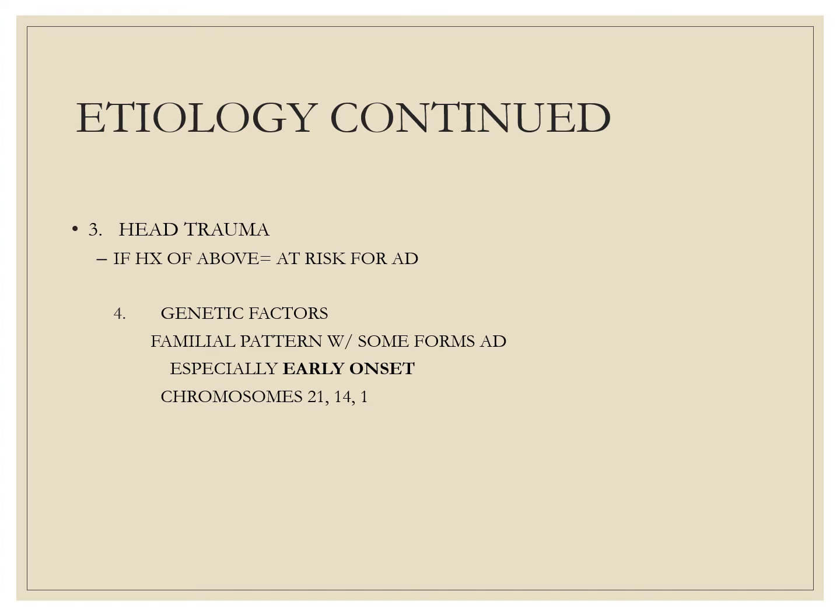So if you have a young person who is diagnosed, there is a possibility that this might be a genetic disease. The chromosomes 21, 14, and 1 seem to be involved. People who have Down syndrome have a tendency to be diagnosed with Alzheimer's disease sooner in their life than the general population also. So that kind of holds up the genetic theories.